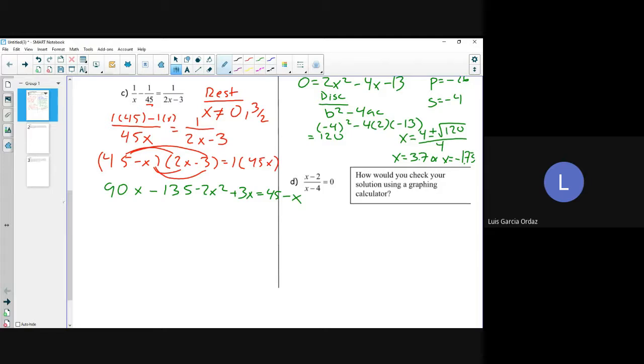So we're going to bring everything over to one side. Then you put the 45x, not 45 minus x. No, the other side. Oh, whoops. Thank you.